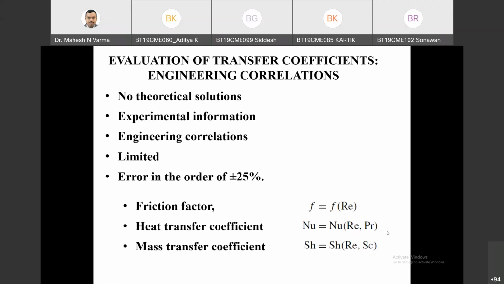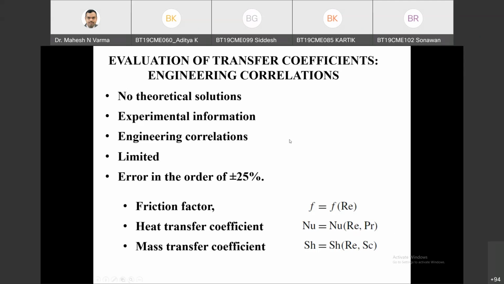And one example I have given is that there is no radiative mass transfer and no radiative momentum transfer. You can say radiative heat transfer is one of the major areas of study in heat transfer, but similar transport phenomena are not available in mass transfer and momentum transfer.